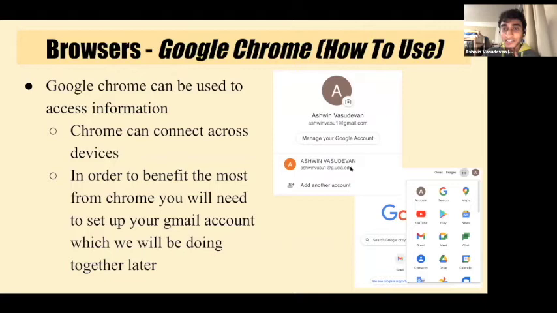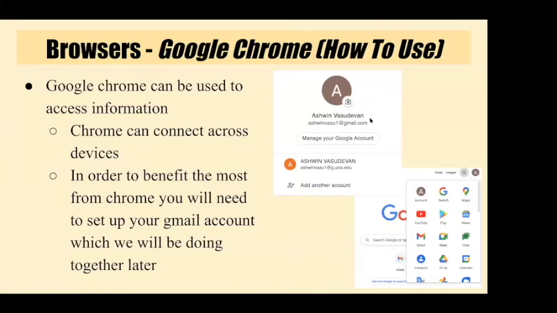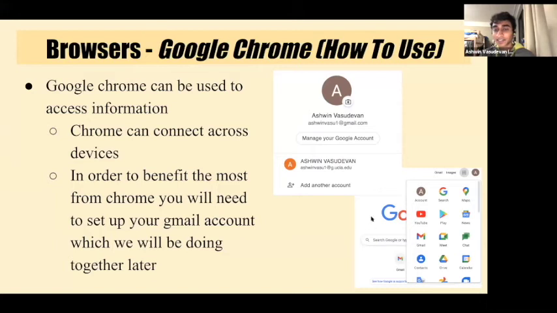I have a little screenshot of my Google account and how it looks. If you click the top right corner, you have my name, my email, and you can also access your suites and everything. Even whatever you search up will be saved to your account, and you can always delete that later.